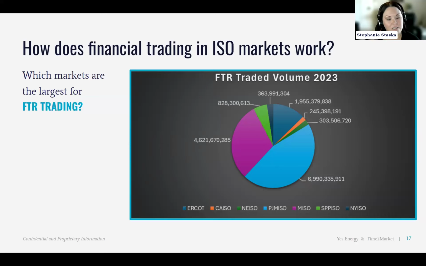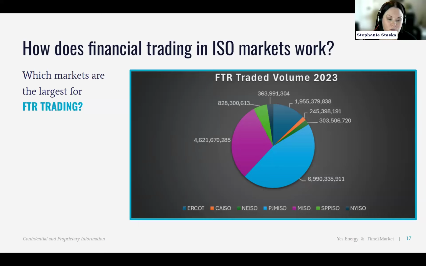And the reason that this is different than virtuals or spreads is because FTRs look very similar to futures contracts. FTRs were designed to be part of the physical market in order to give greater information for transmission planning and things to the ISO and the participants in the market, and for hedging. And there isn't an interest in these being considered exchange traded futures, which they essentially look very similar to.